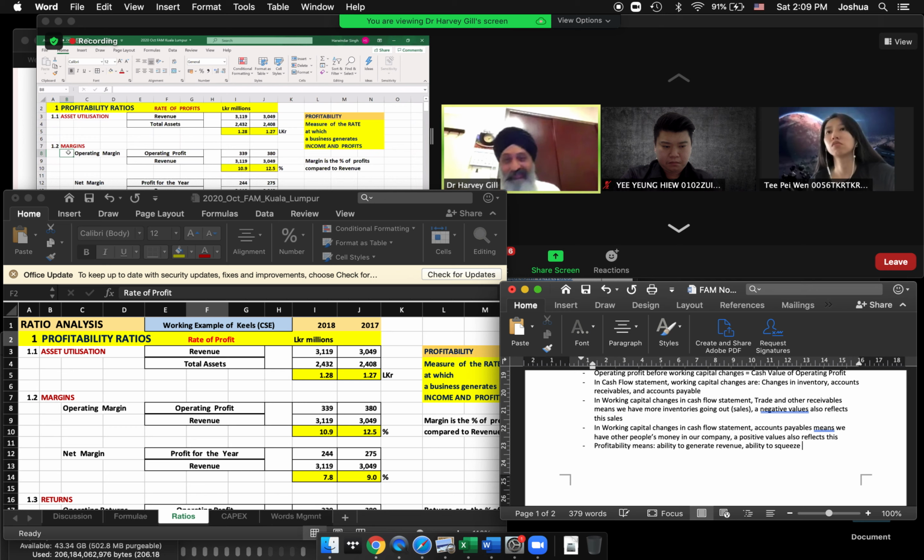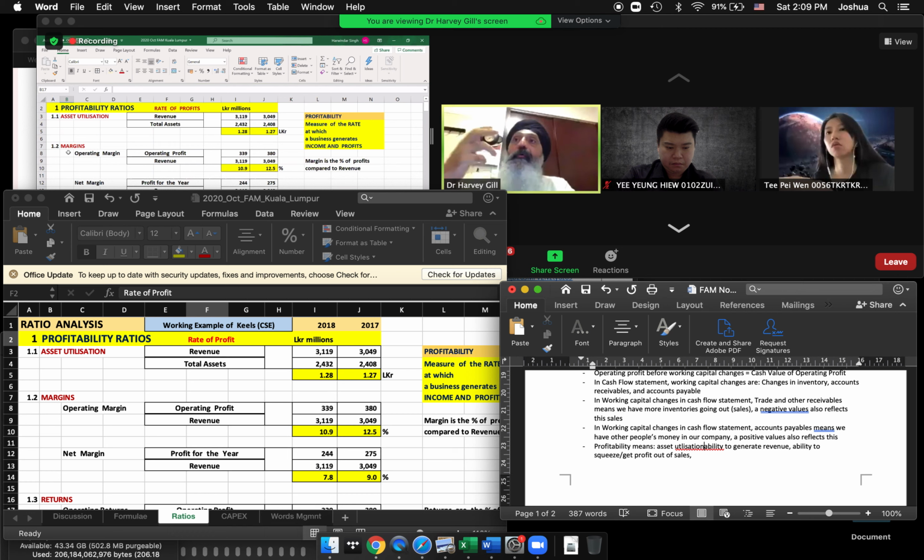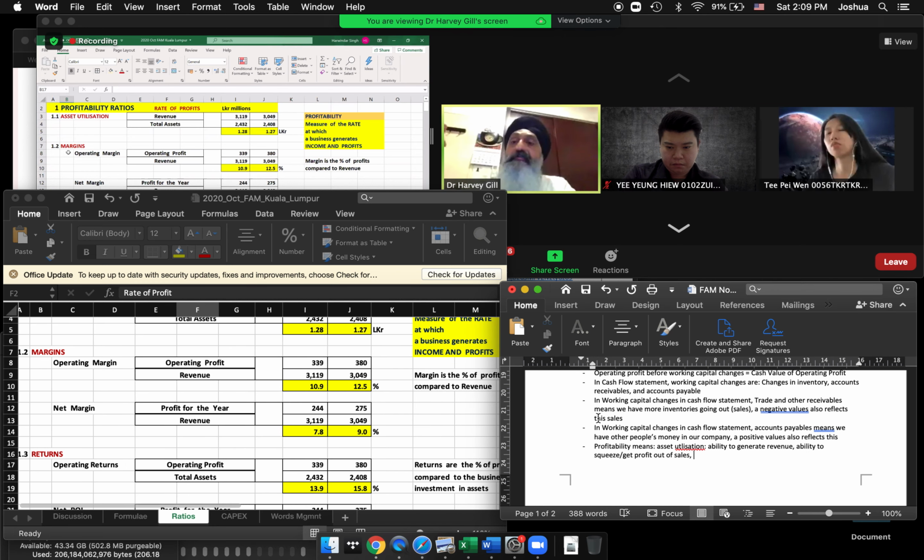Squeeze might be like income tax squeeze. The third test is, of course, to achieve profitability based on investment in assets. That's called return. That's why you see ROI: return on what? Return on investment. Investment in what? In a business. Return on investment means return on the assets.